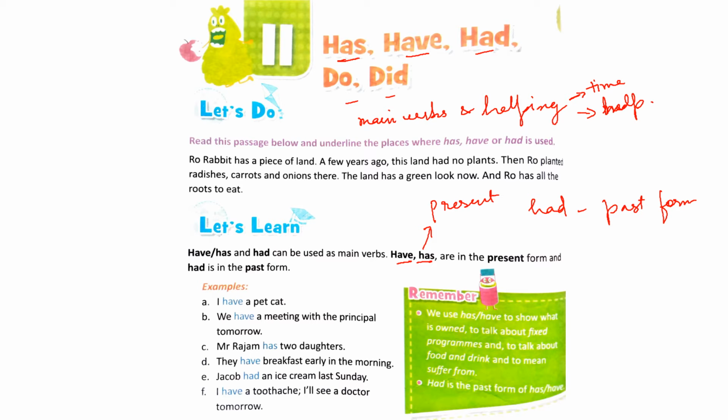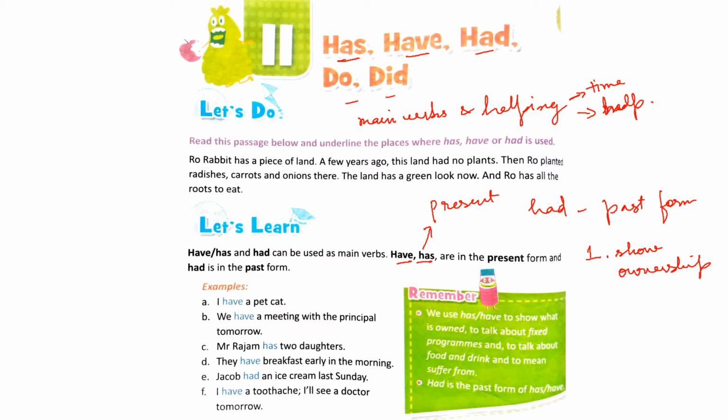Now whenever have, has and had are used as main verbs, they have the following uses. First one is they are used to show ownership, or you can say what is owned. We'll understand this with the help of an example.